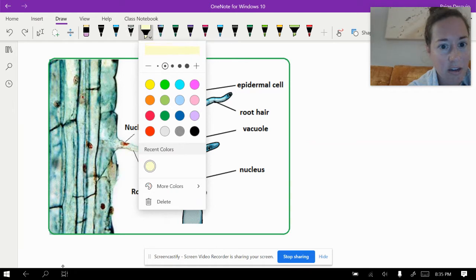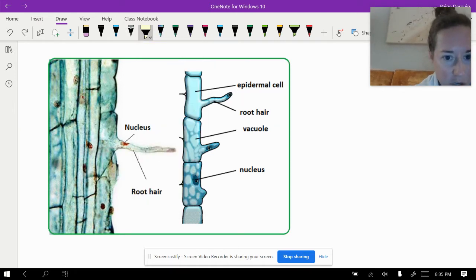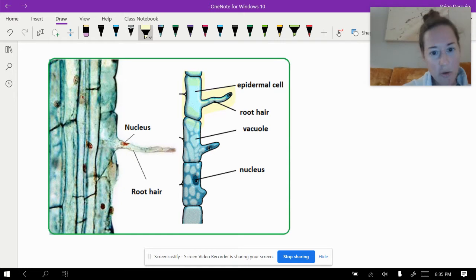Let's try this. So you have all of this, this, and then all of this. So you have tons of area where material can diffuse into the cell, most importantly water, and you don't have that much volume that has to be filled.